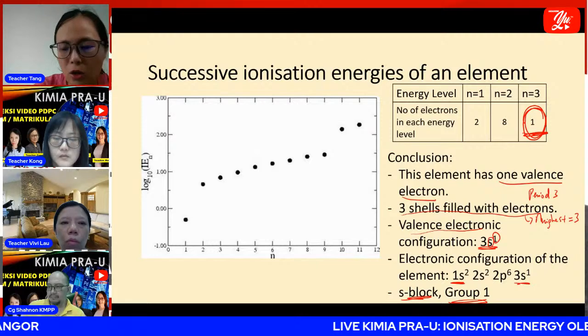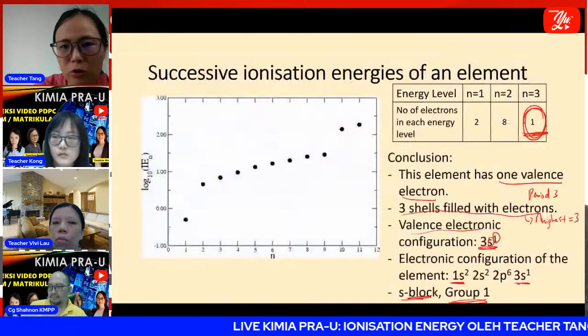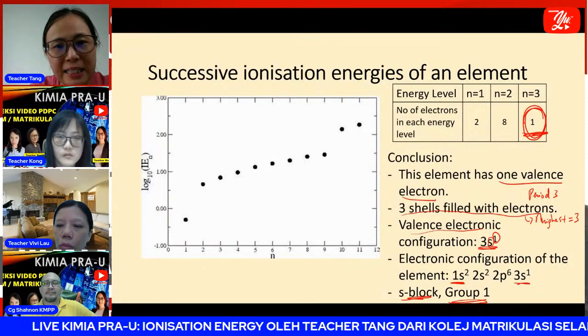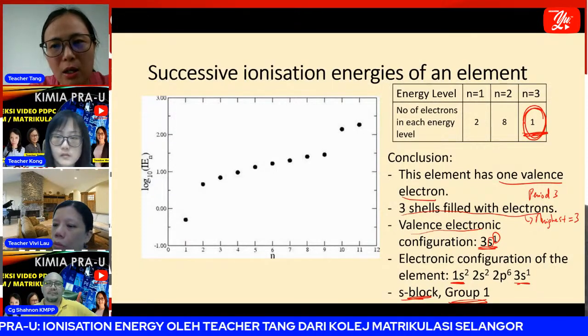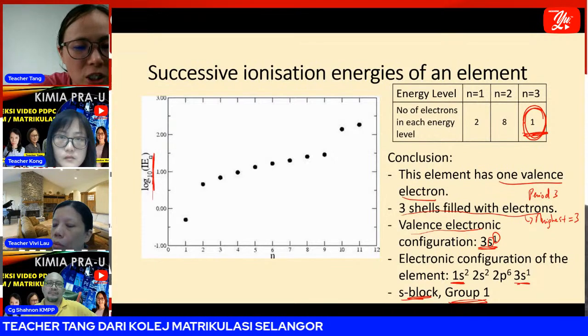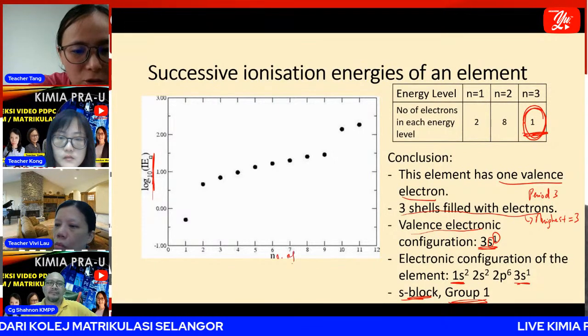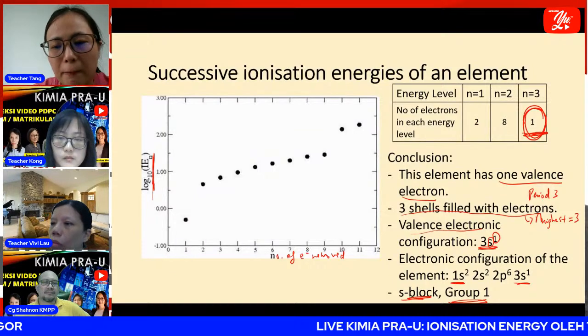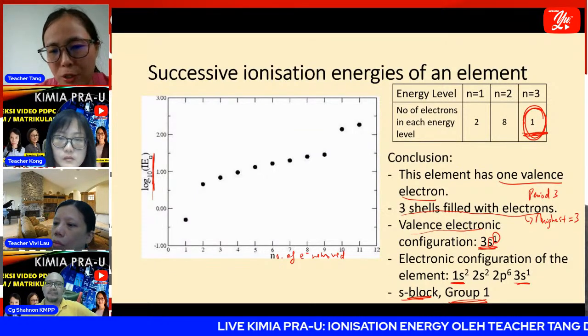Now we move on. This is if they give you a full set of ionization energy, then you can plot the graph of log to the base of 10 ionization energy versus number of electrons removed to determine the position of an element in the periodic table.